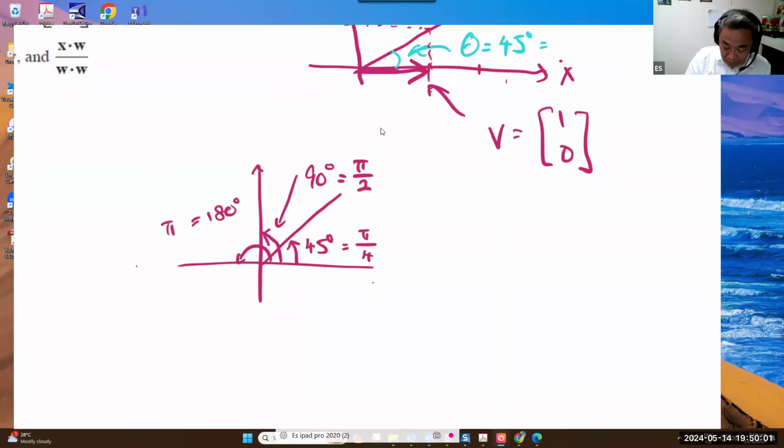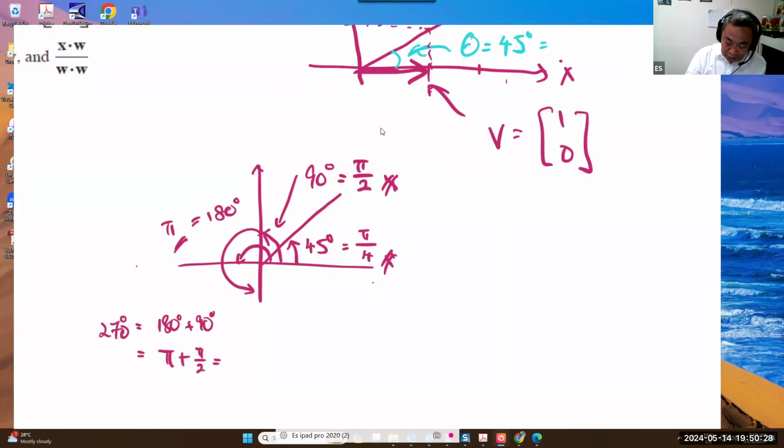So we are most interested in pi by 4, pi by 2, pi. And then, of course, this one is how many pi? This one is 180 degrees plus 90 degrees, which is equal to 270 degrees. And 270 degrees is pi plus pi by 2, so it is 3 over 2 pi, right? That's it.